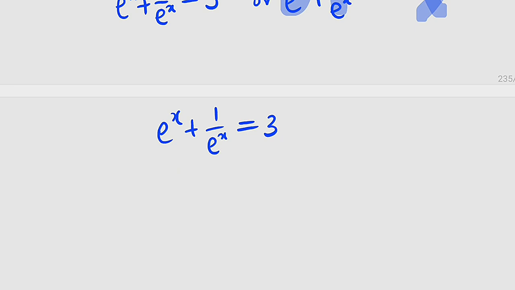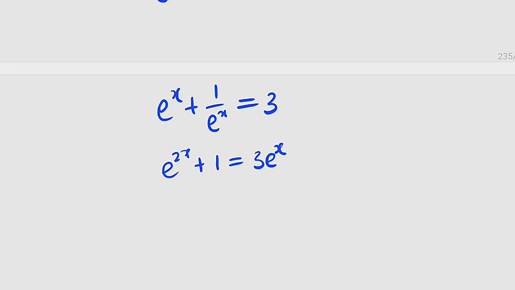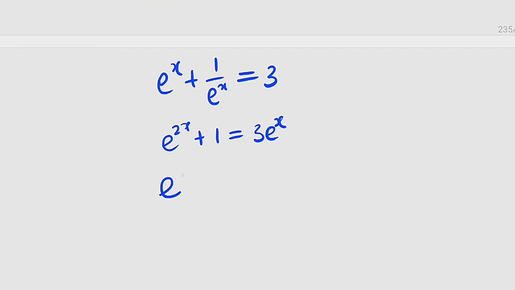So now let us multiply each term by e^x. So we have e^(2x) + 1 equal to 3e^x. e^(2x) − 3e^x + 1 equal to 0.